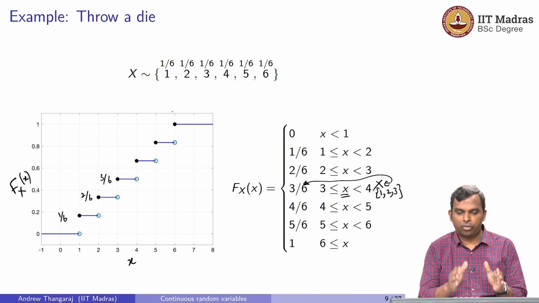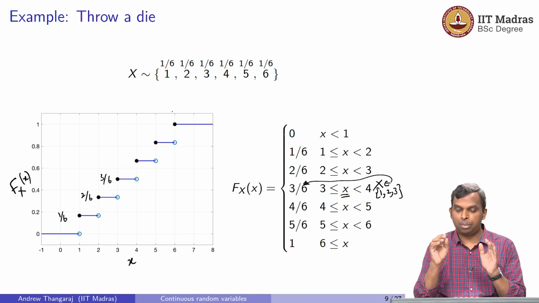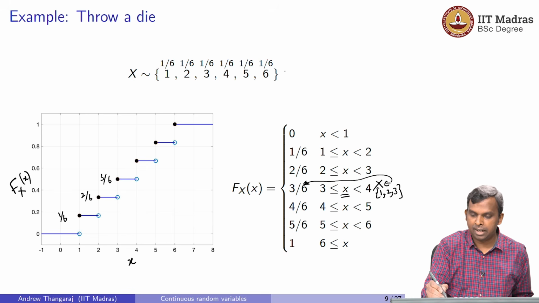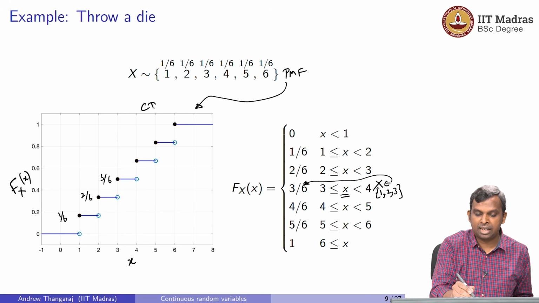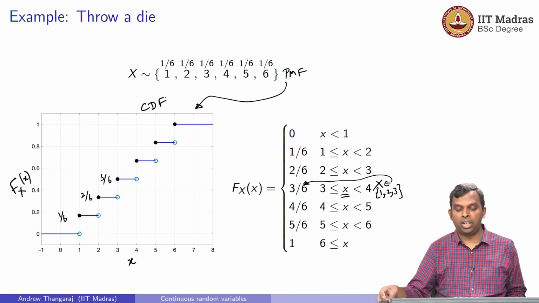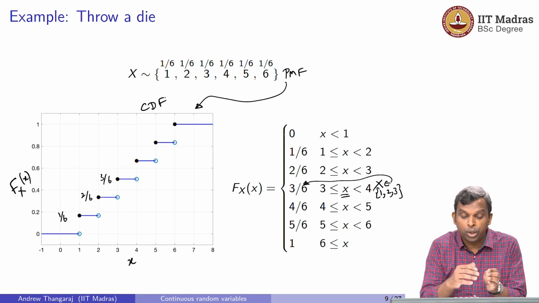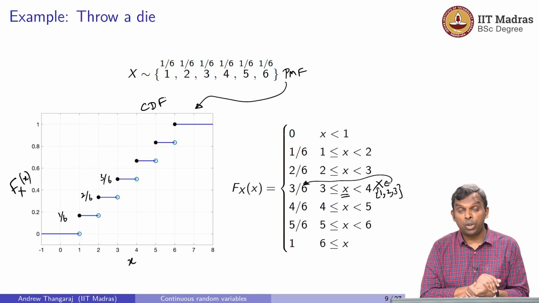So going from the PMF, the PMF of a discrete random variable was given to you, you went from the PMF to the CDF, and this is the way you have to do it. Supposing I give you the CDF, I want you to go back to the PMF. How will you do it? For a discrete random variable, it's very easy, isn't it?